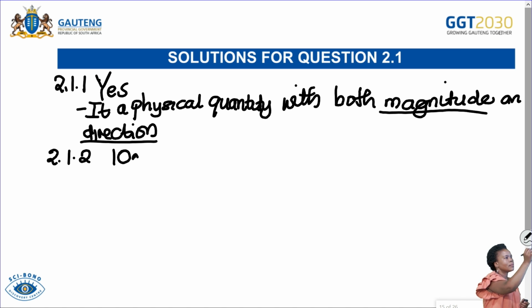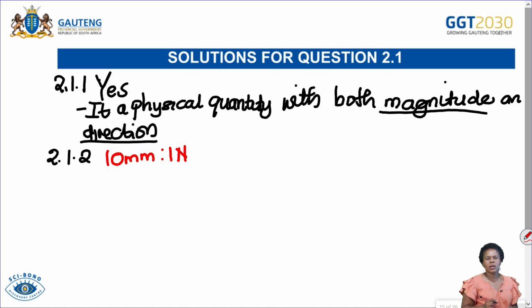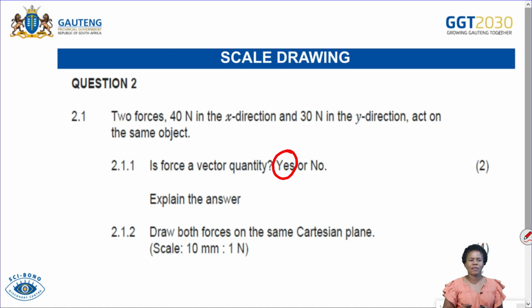10 millimeter, in fact, let me write it in red so that it stands out, and then calculations can be written in black. So we have 10 millimeter is to 1 Newton. Okay, so what are the forces that we are given? We are given 2 forces. The first one is 40 newtons in the x direction.